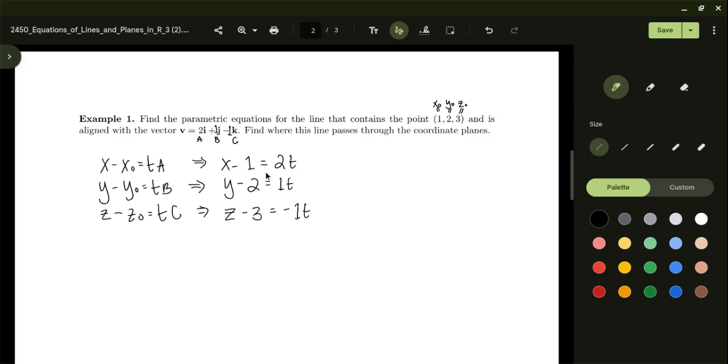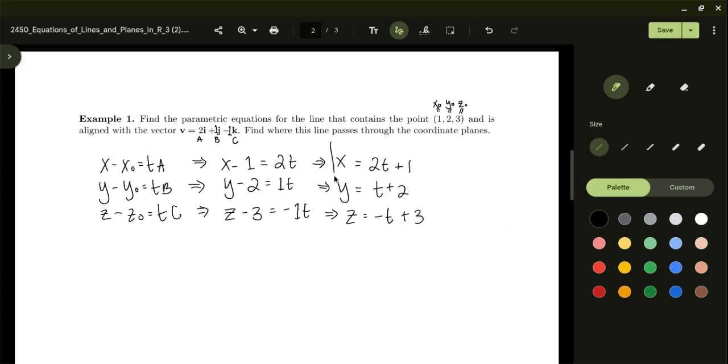And then we can go ahead and also solve for our x, y, and z. So we're going to add these numbers to both sides of our equations. So for x minus 1 equals 2t, we're going to get x equals 2t plus 1. We get y equals t plus 2. And then z, we get negative t plus 3.